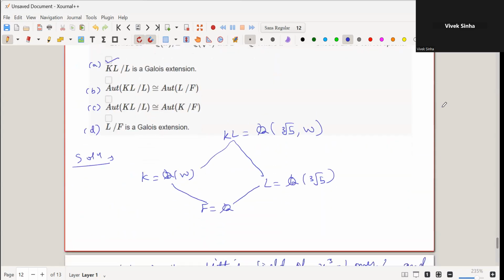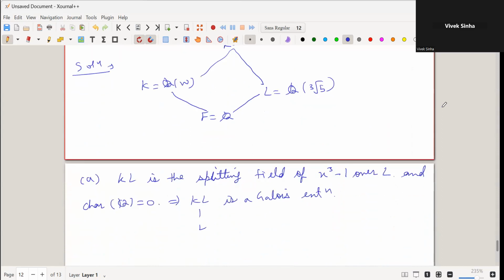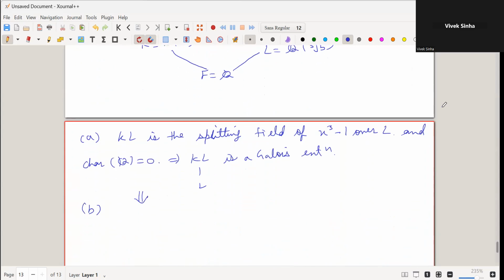And this also implies for the B part, since it's a finite Galois extension, what can you say about the automorphism group?